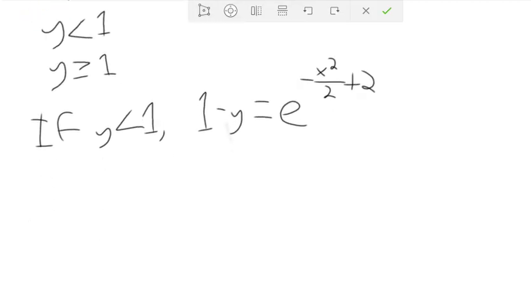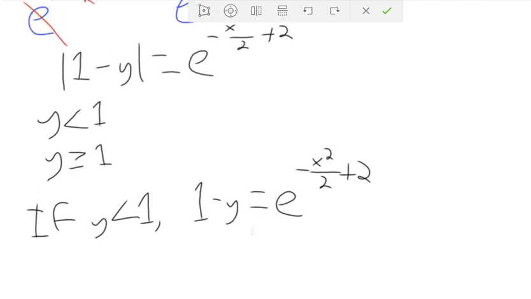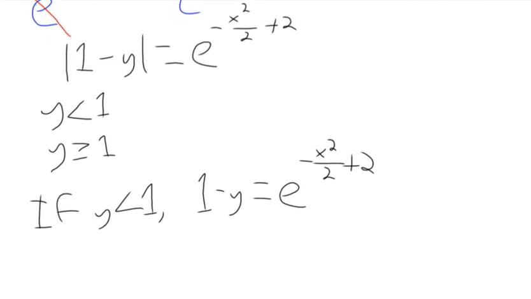And then I will subtract 1 from both sides, and I will get negative y equals e to the negative x squared over 2 plus 2, and then minus 1 down here. Don't put your minus 1 up in the exponent. You'll get the question wrong.